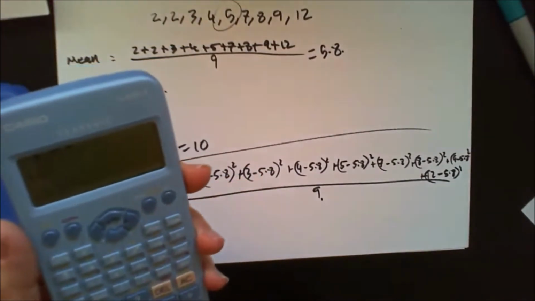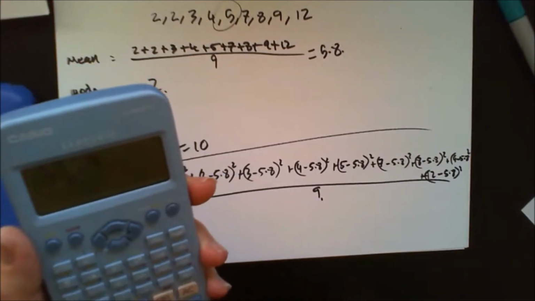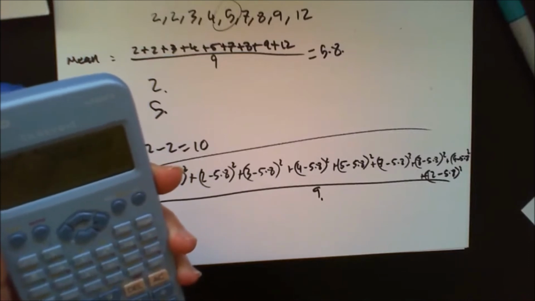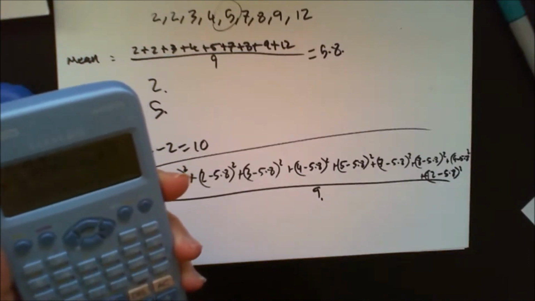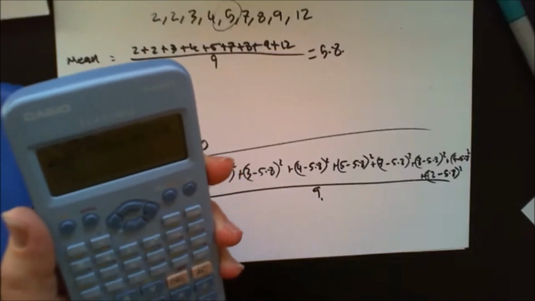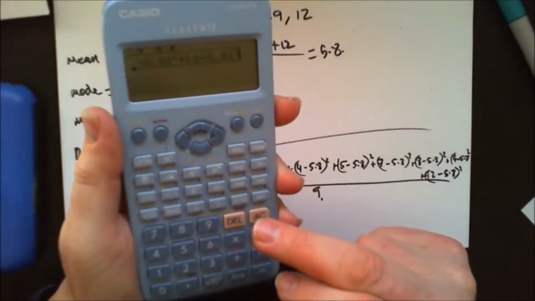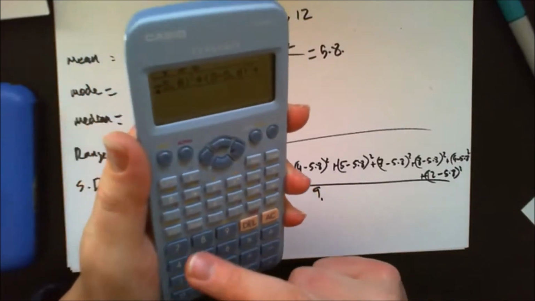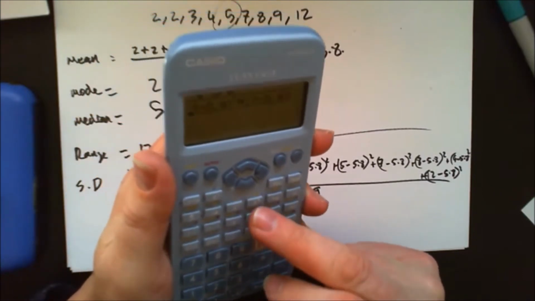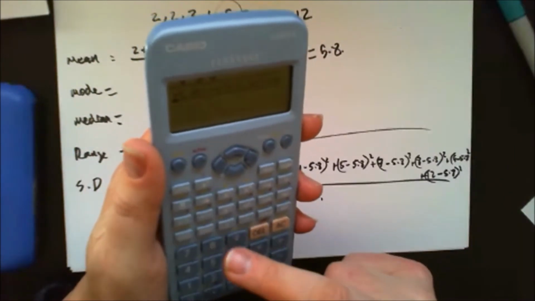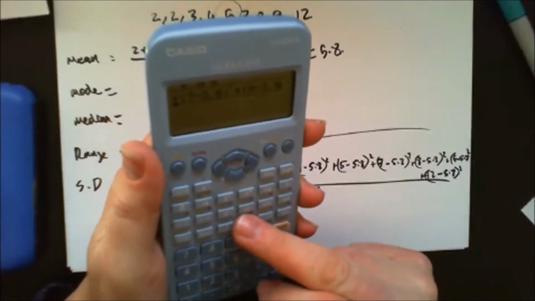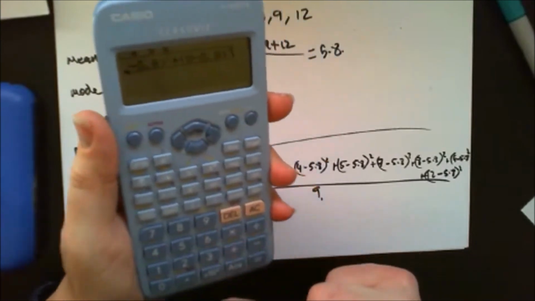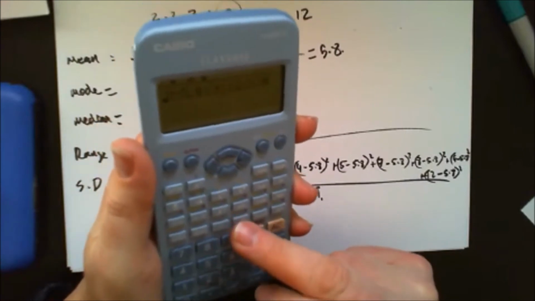On the top, open bracket. 2 minus 5.8 squared plus 2 minus 5.8 squared plus 3 minus 5.8 squared plus 4 minus 5.8 squared plus bracket 5 minus 5.8 squared plus 7 minus 5.8 squared plus 8 minus 5.8 squared plus 9 minus 5.8 squared plus 12 minus 5.8 squared.